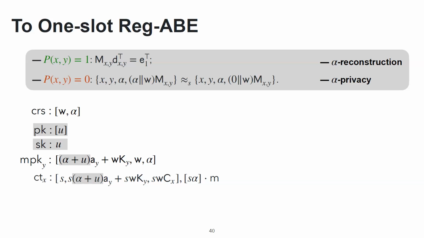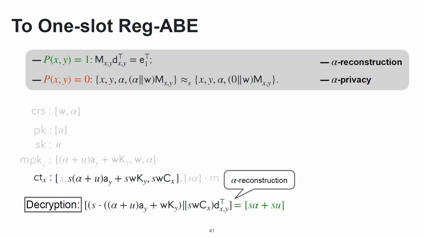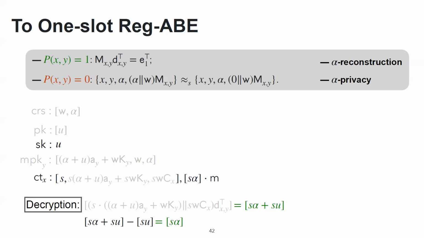For registration, we replace alpha with alpha plus u in the master public key and ciphertext. In decryption, the first step is similar to the zero-slot scheme and can recover the term in green with the alpha reconstruction. Then the user with the secret key can recover the message just like in the LWE encryption.